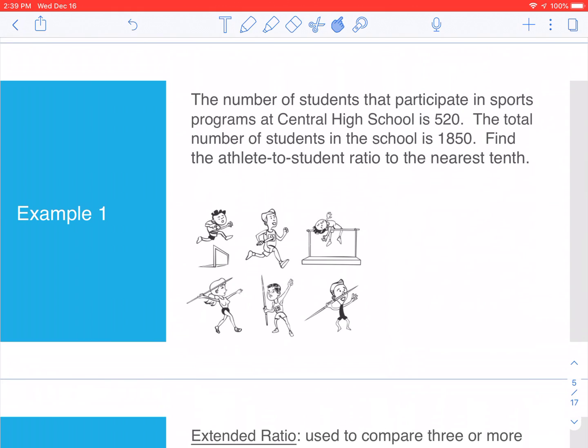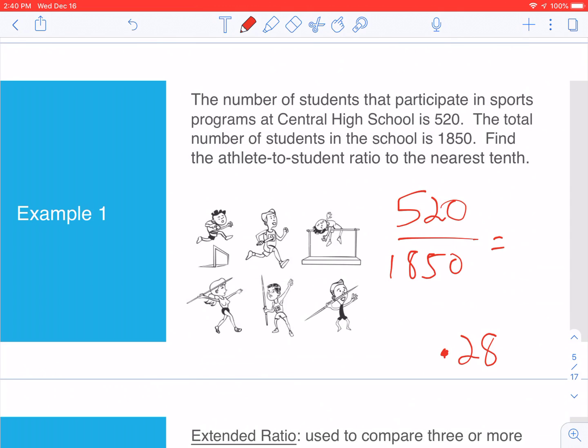Okay, similar problem here. The athlete to student ratio. Now it says find it to the nearest tenth. 520 to 1850. So you do 520 divided by 1850, and you're going to get 0.28.